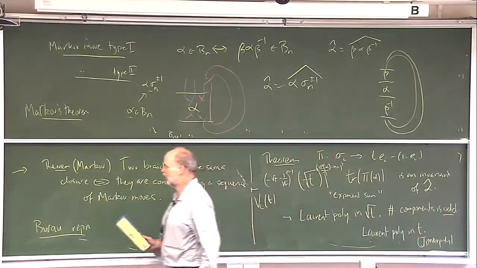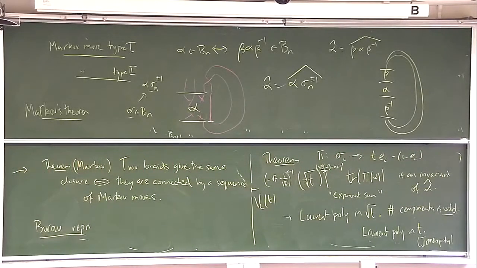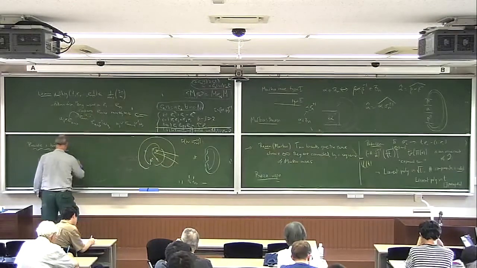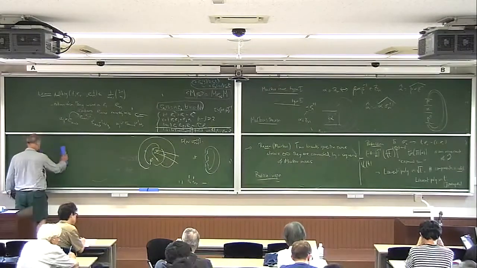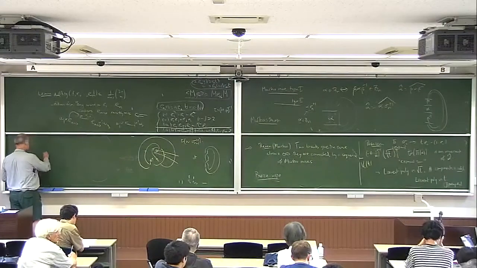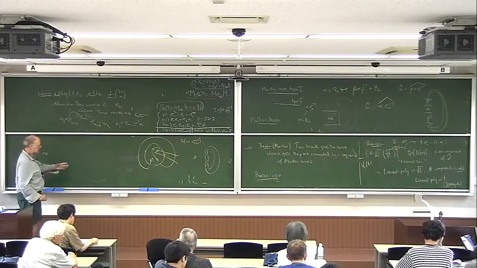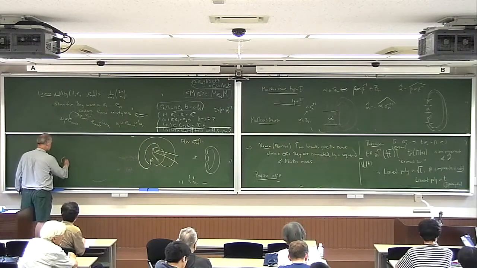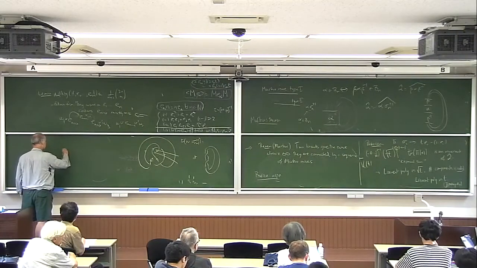So, an example. Well, we could do the figure 8, but that would be a bit painful. But we can very easily do these so-called 2n torus knots.